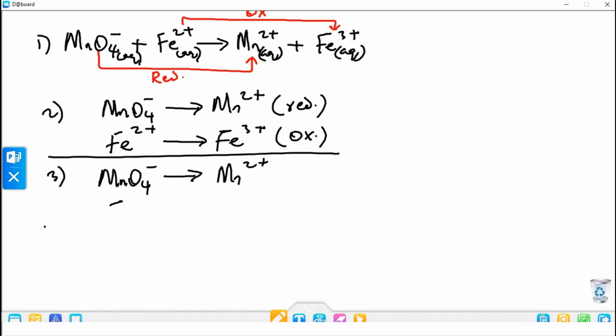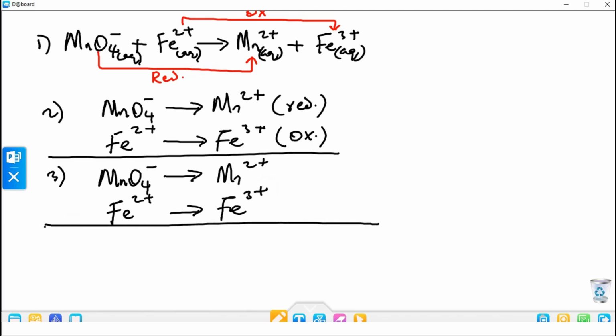Now in the case of iron 2 to iron 3, step 3 says we balance other atoms other than oxygen and hydrogen. We can see that there is iron at the left, iron at the right, 1 iron left, 1 iron right. So it is balanced. So step 3 has been observed.